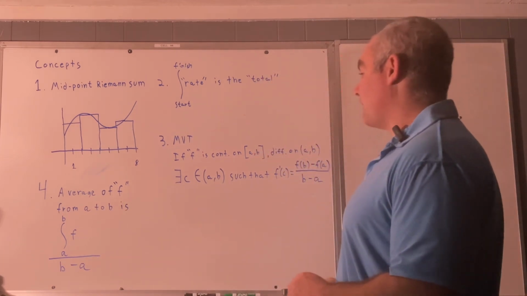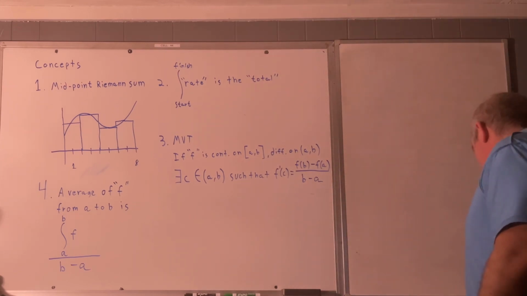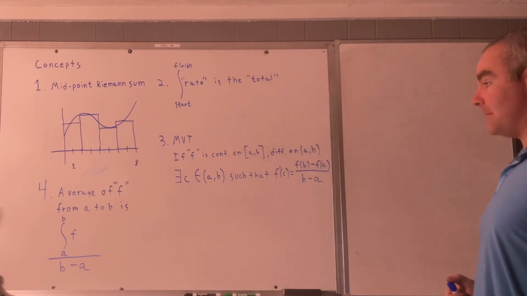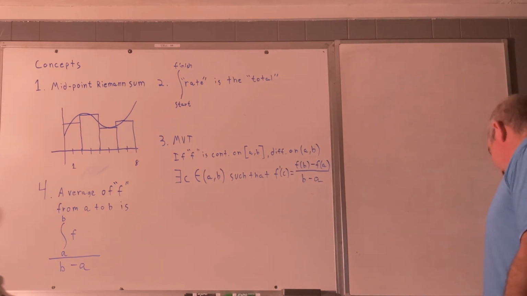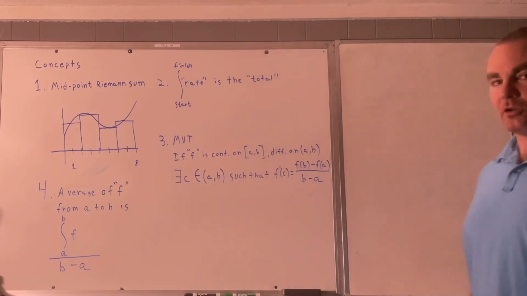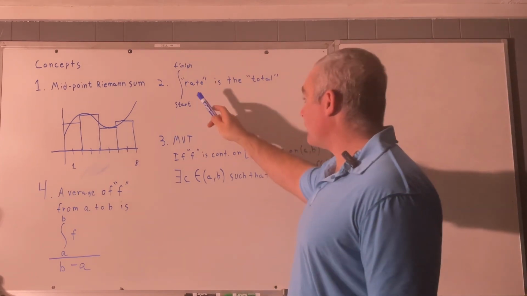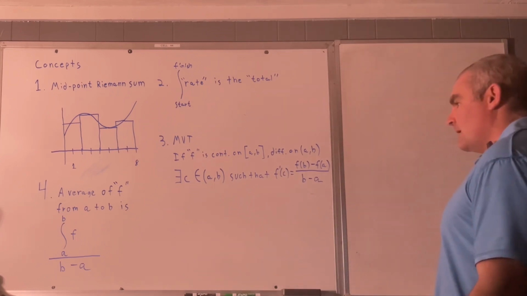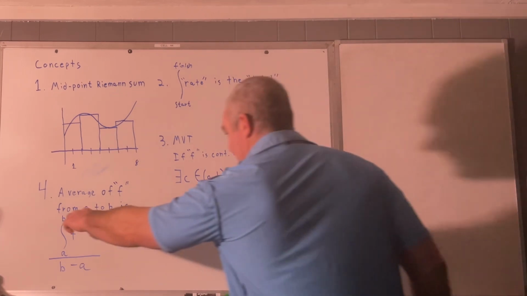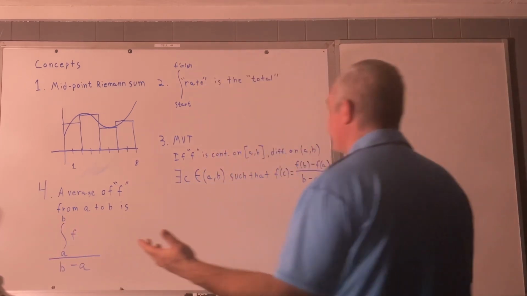The average of our function f, our function is a rate of change of water flowing through a pipe. So to find the average rate of water flow, we need to find the total. Well, what is the total? It is the integral from our start to finish of our rate. This is the integral from start to finish of f, which is our r of t.